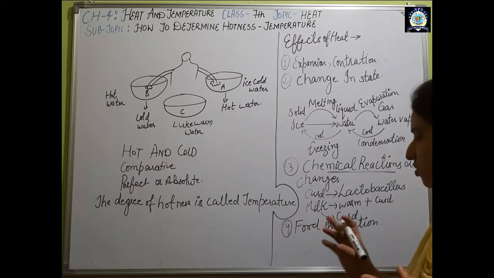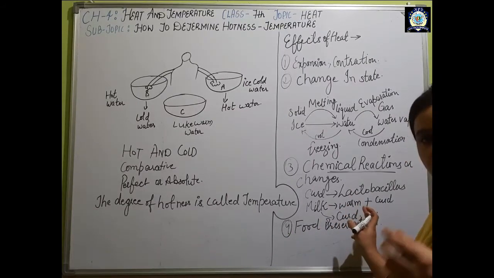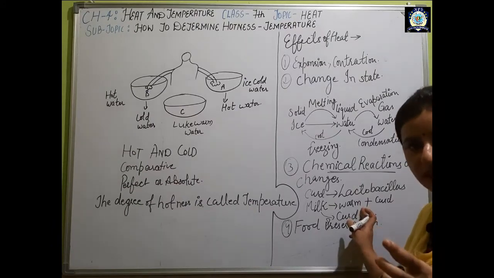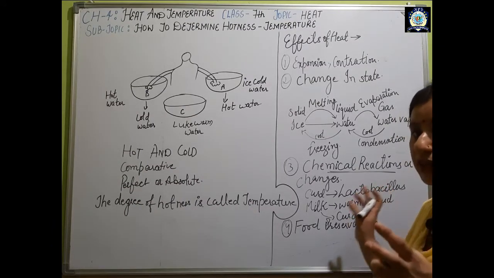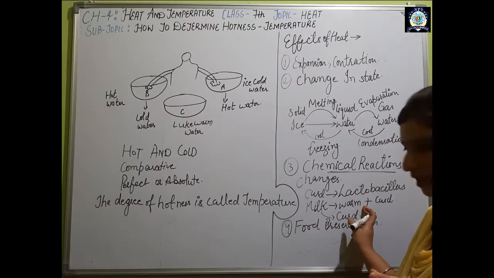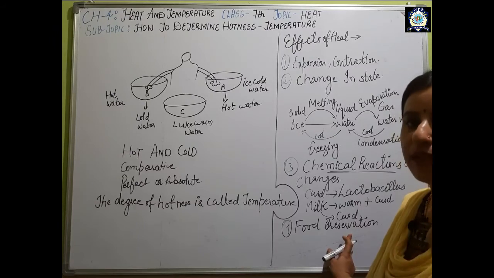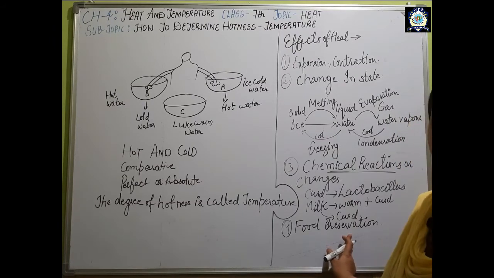Now you will ask a question: in curdling you are also increasing the temperature of the milk. But there we are not heating the milk, we are just warming it. Here in food preservation, to keep the milk from spoiling, we have to heat the milk at very high temperature.